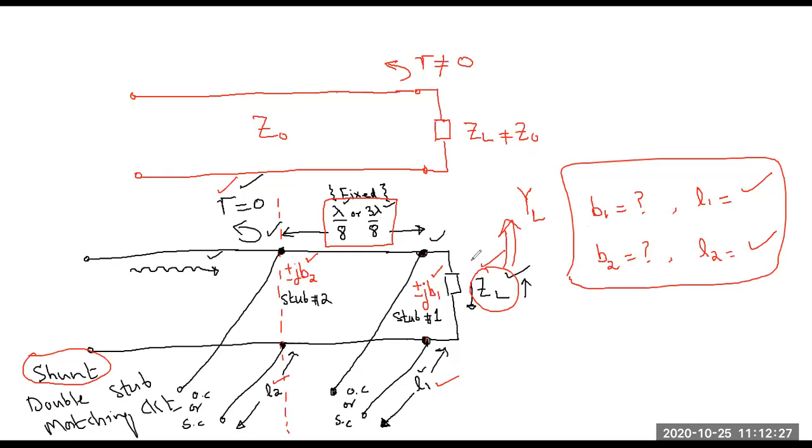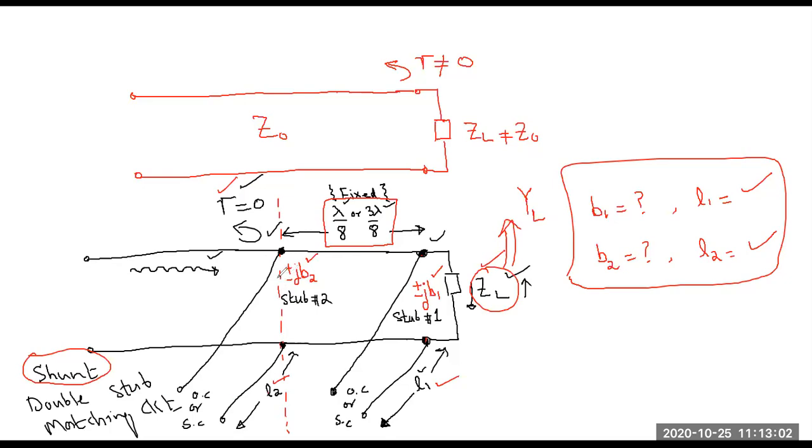But from an examination point of view, I don't want to check your ability to solve mathematical equations, because you need to solve a quadratic equation. This process will not help you understand the conceptual meaning of the double stub. When you use the Smith chart, you will understand what stub number 1 is doing and what stub number 2 is doing.